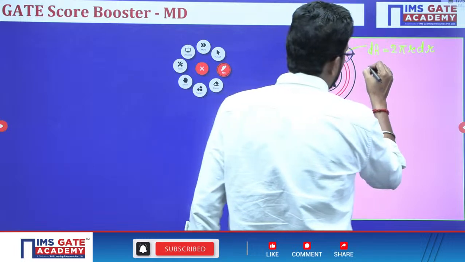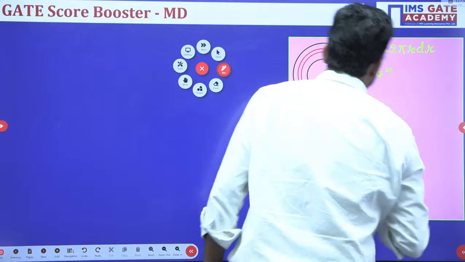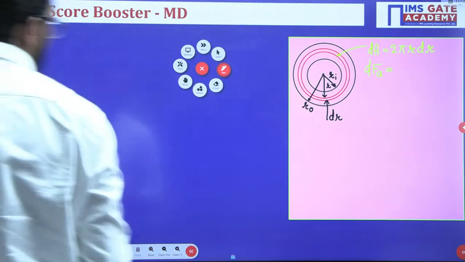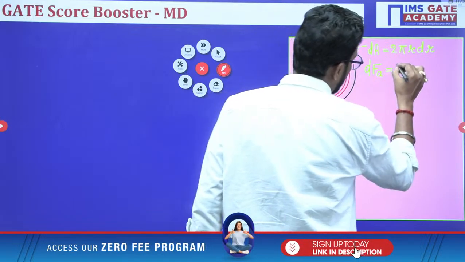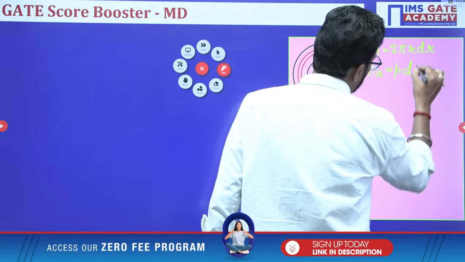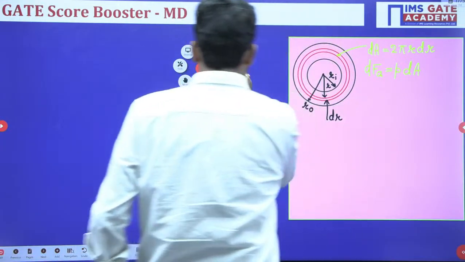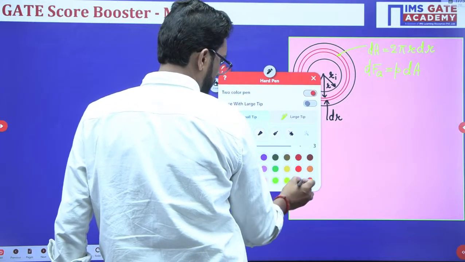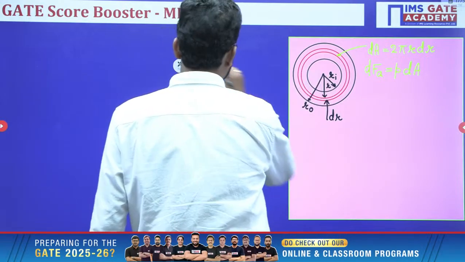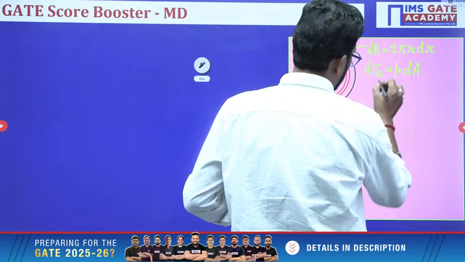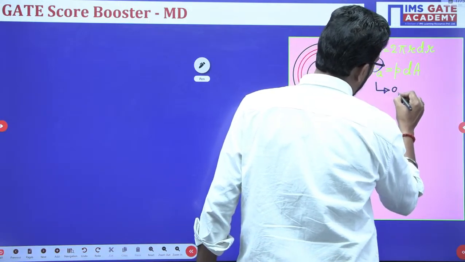So what is its axial force, dFa? This axial force is the applied pressure at this section, P into dA. What is the applied force then? This is the applied force.